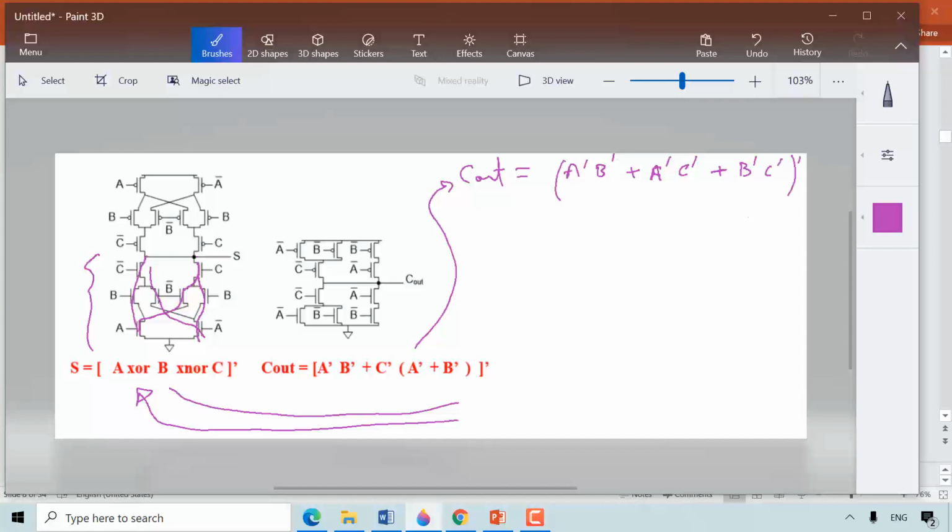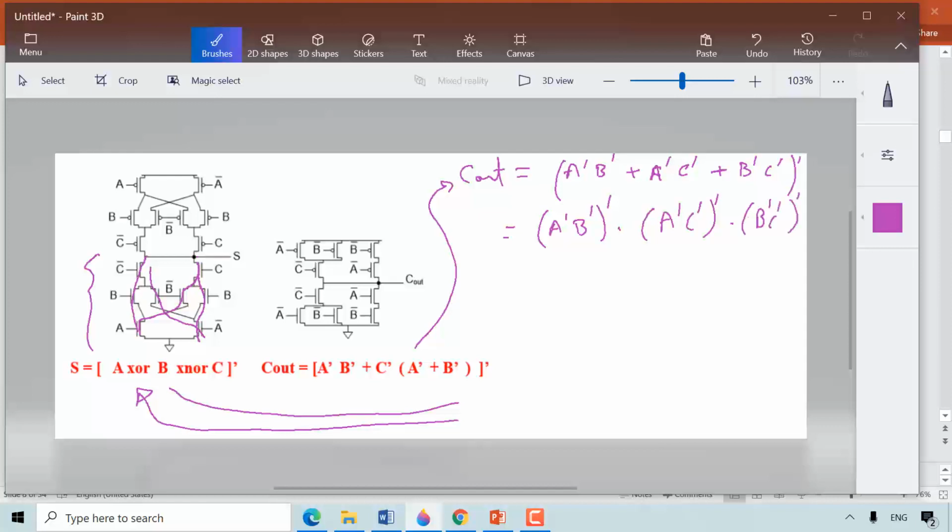Now apply De Morgan's law. De Morgan's law says A prime B prime, all primed, ended with A prime C prime, ended with B prime C prime.